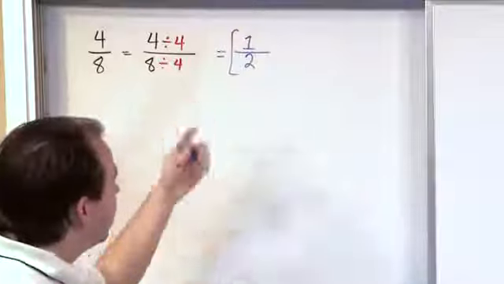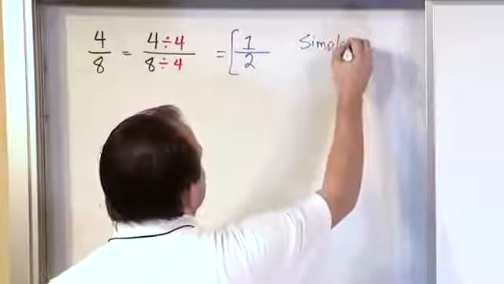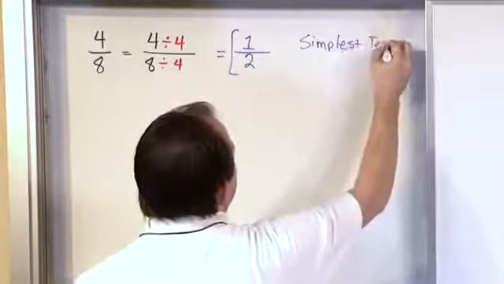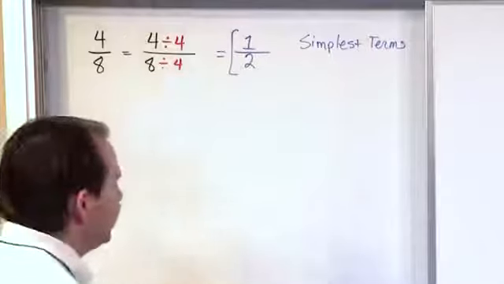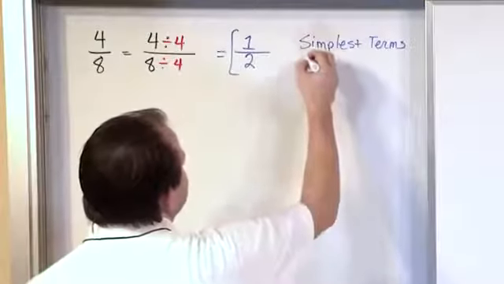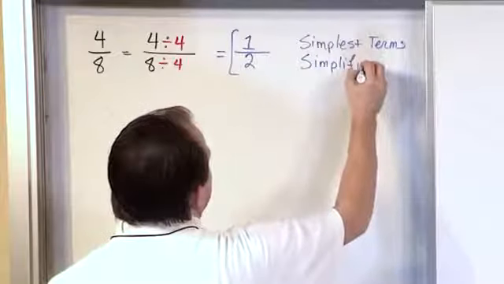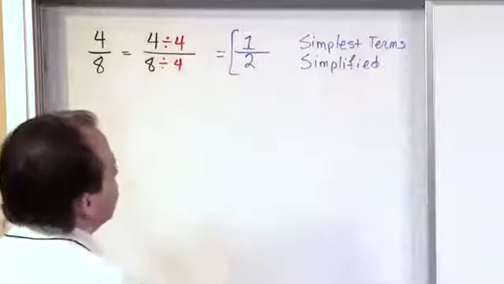So it's done. This is what you call simplest terms. So you might see on a test, put the fraction in simplest terms. You might also see something like simplify the fraction. So we call this a simplified fraction.